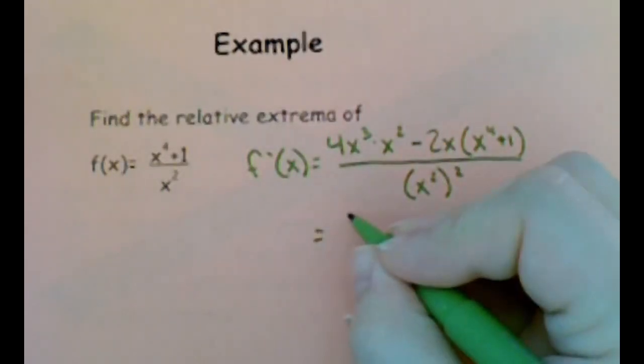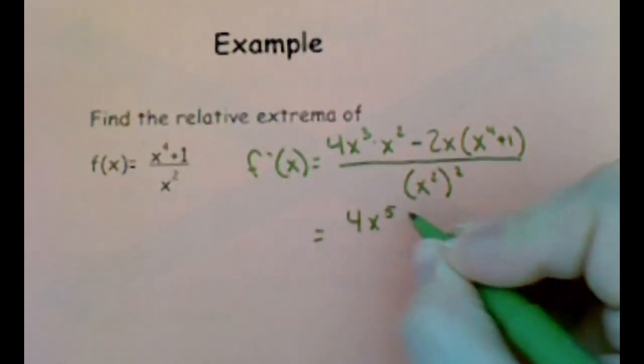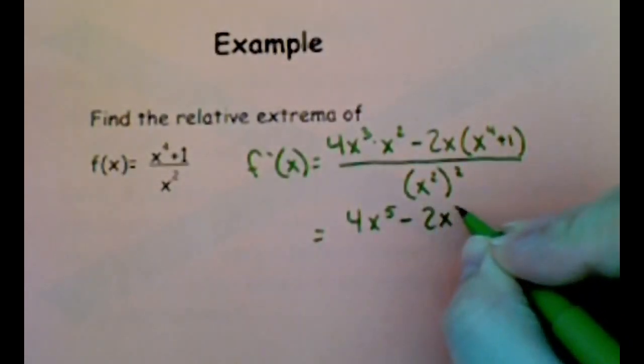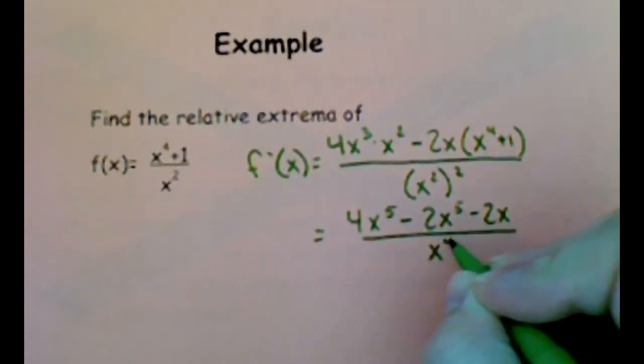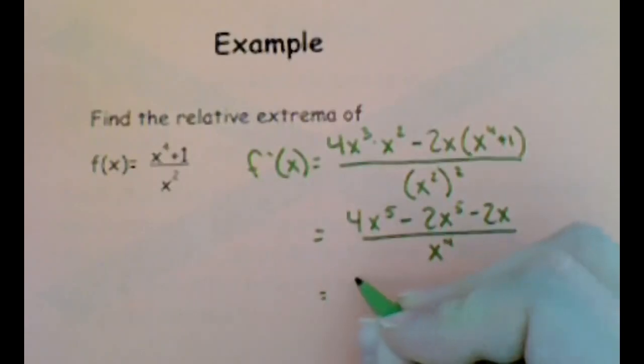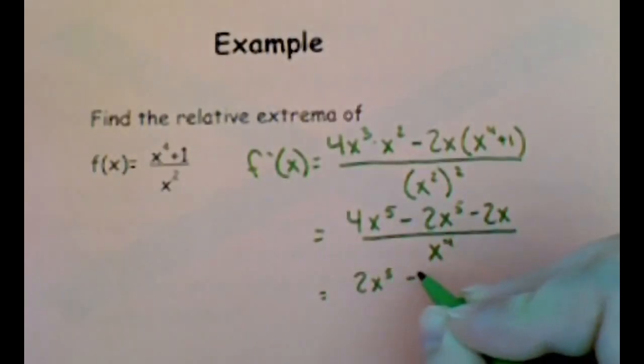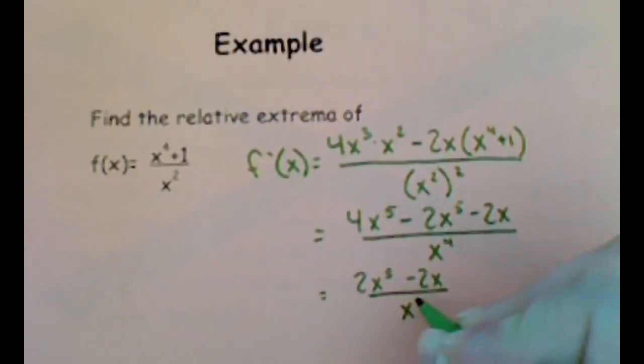So that derivative is 4x to the 5th power minus 2x to the 5th power minus 2x over x to the 4th power, which is 2x to the 5th power minus 2x over x to the 4th.